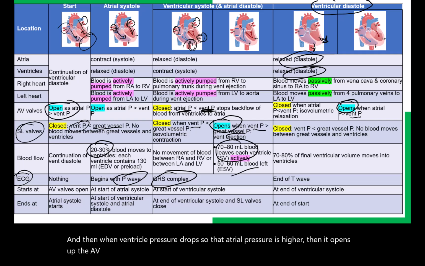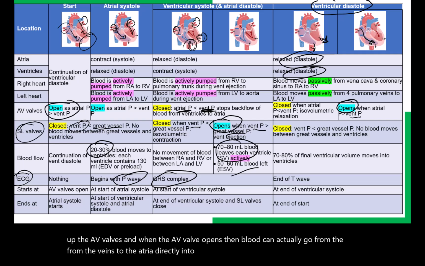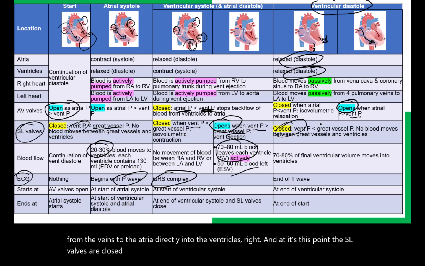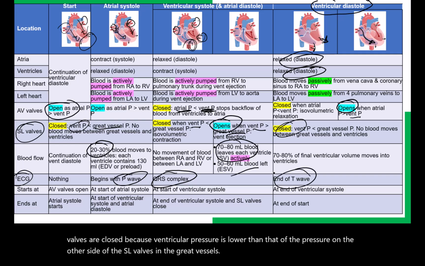And when the AV valves open, blood can go from the veins to the atria and directly into the ventricles, right? And at this point, the SL valves are closed because ventricular pressure is lower than the pressure on the other side of the SL valves in the great vessels. And this is during the T wave.